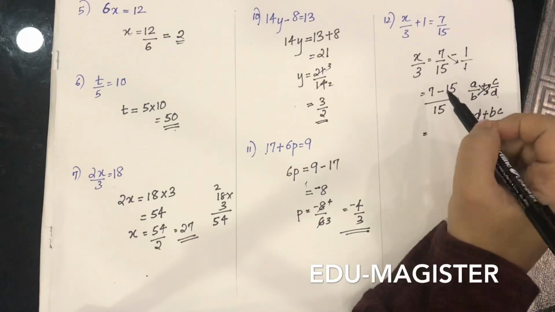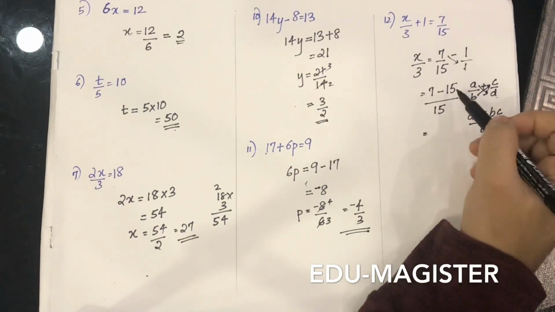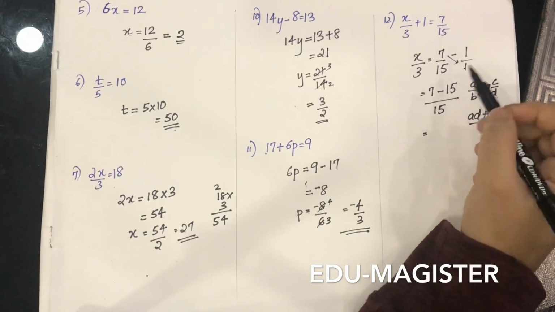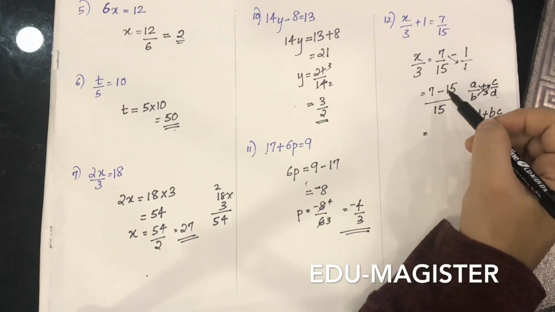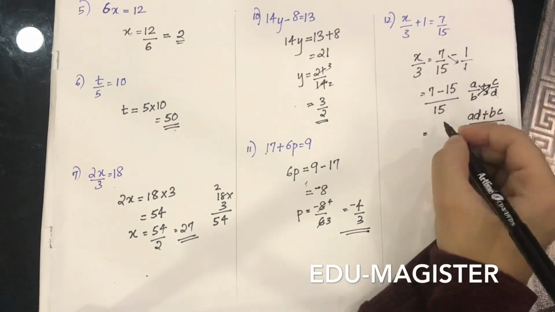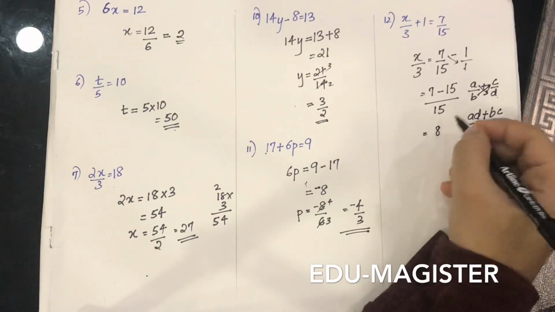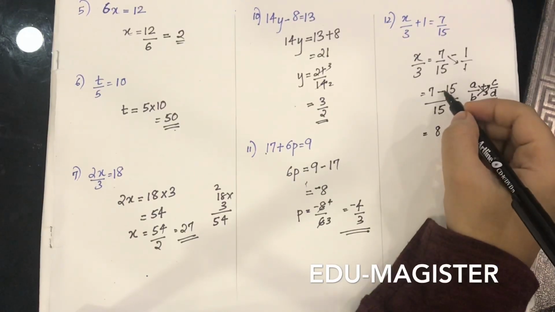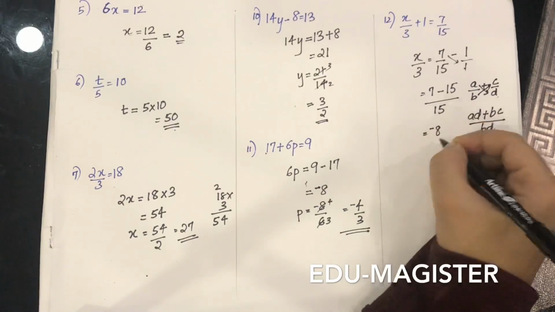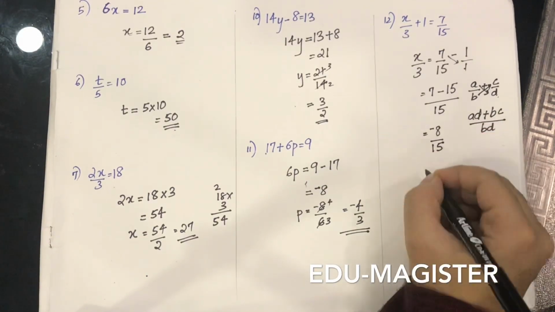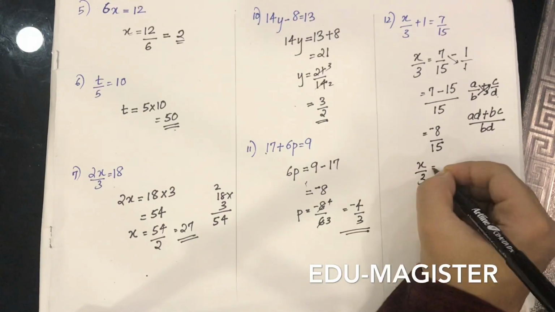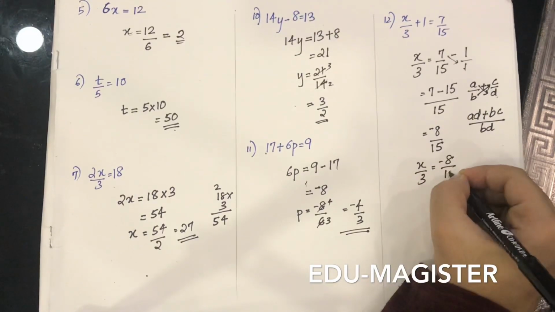Here again you have to subtract the bigger number from the smaller number. So you subtract 15 minus 7, which is 8, and you put the sign of the bigger number, which is minus 8 by 15. So x by 3 is equal to minus 8 by 15.